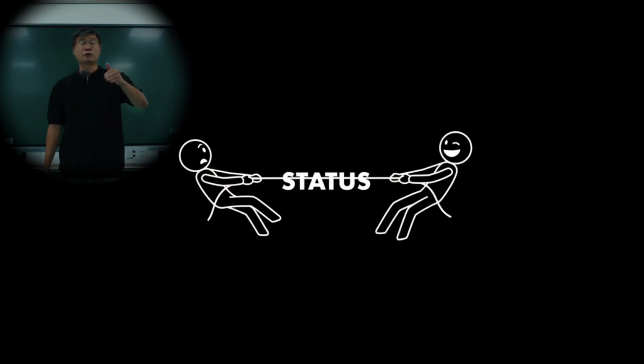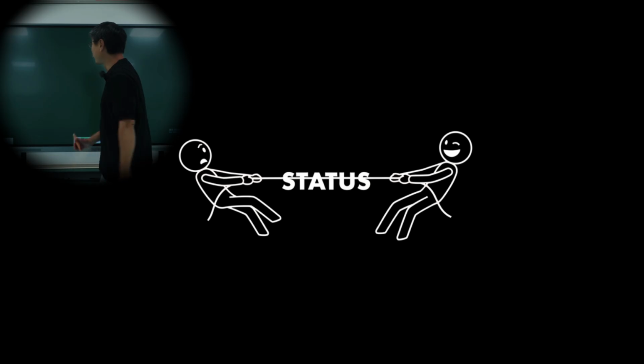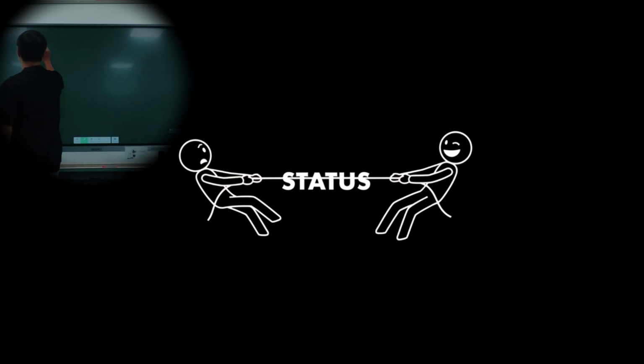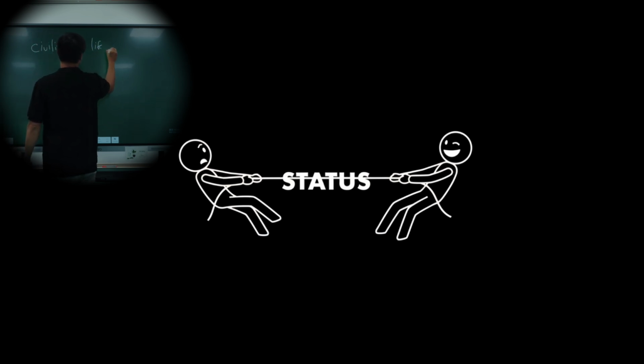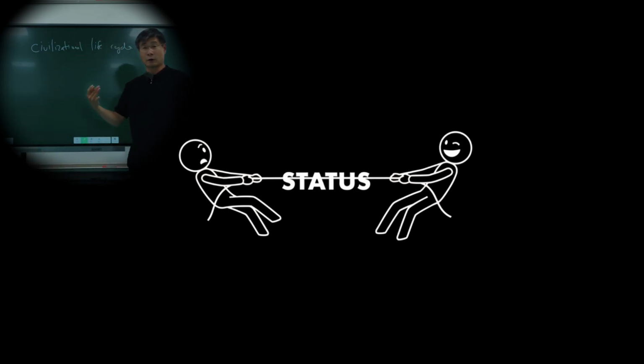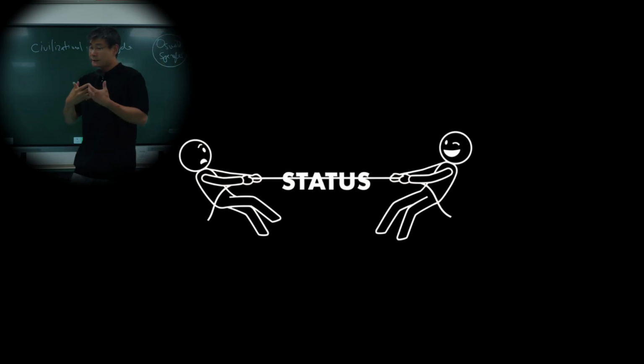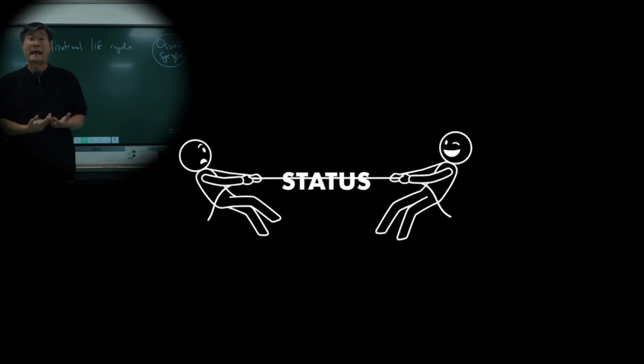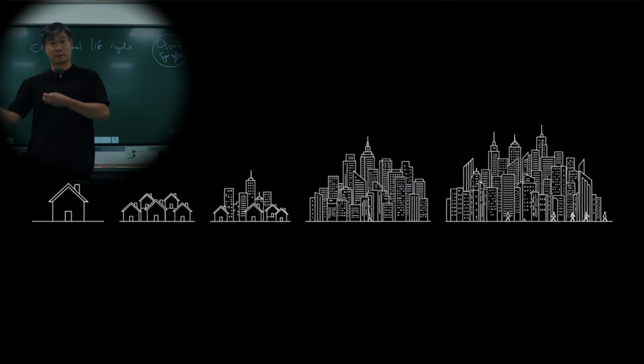Now I want to go to the third theory. And the third theory is the idea of a civilizational life cycle. And this is proposed by a German philosopher, scholar named Oswald Spengler. And what he argues is that society, culture, civilization, it's no different from a person.